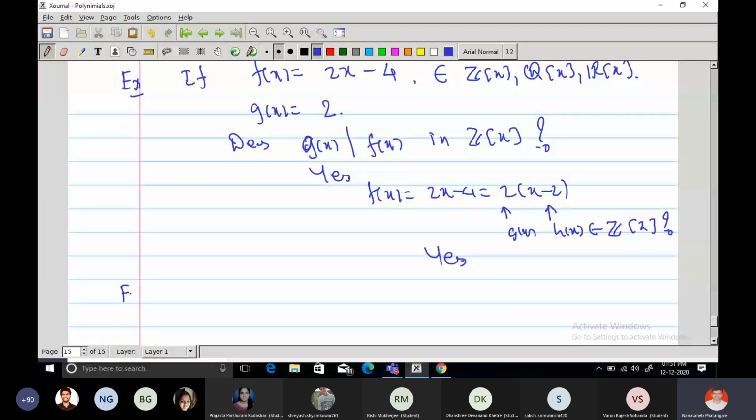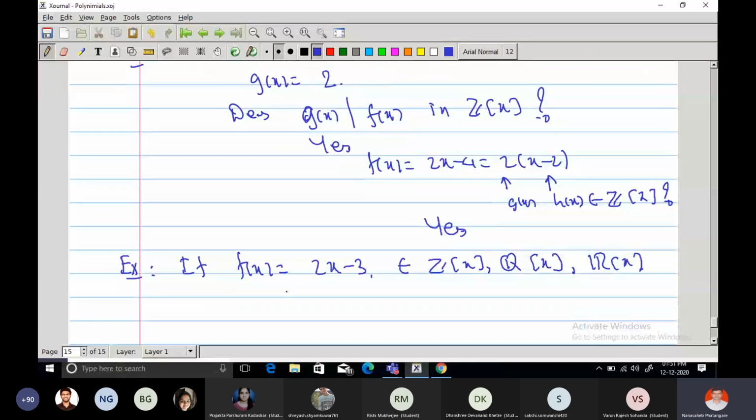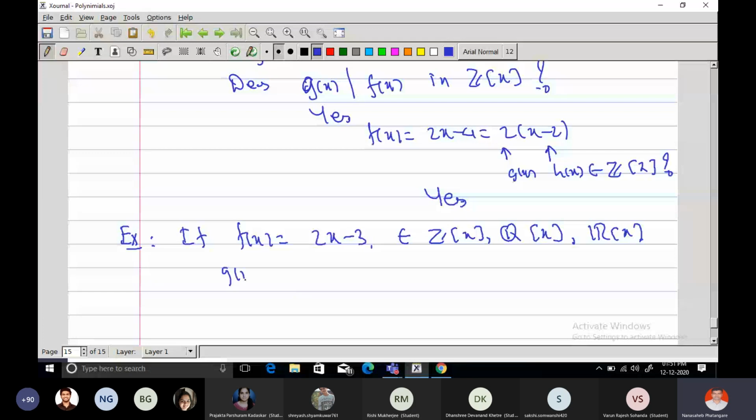But if you look at f(x) equal to 2x minus 3, this polynomial is in Z[x], and in Q[x], Rx, whatever you say, and g(x) is equal to 2. Does g(x) divide f(x) in Z[x]?